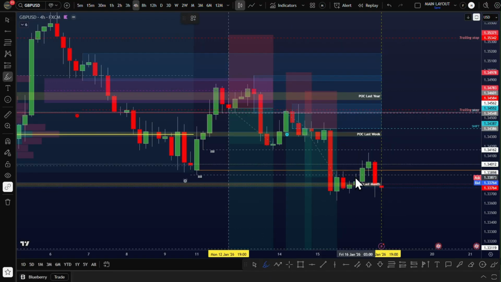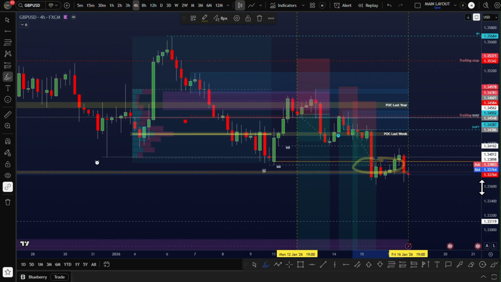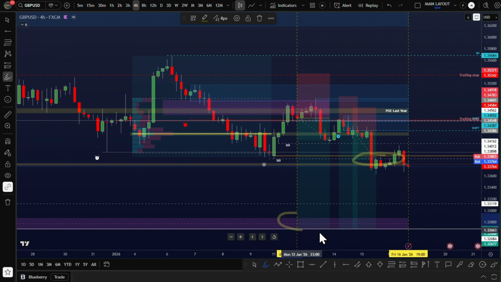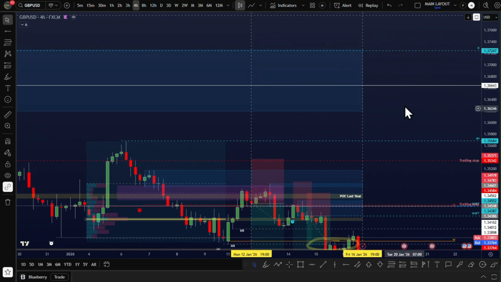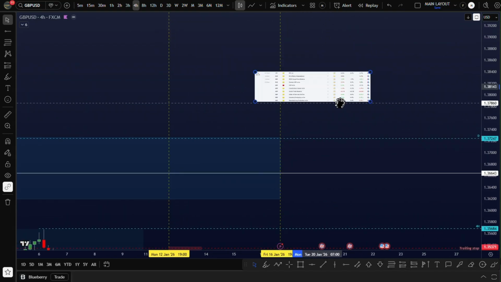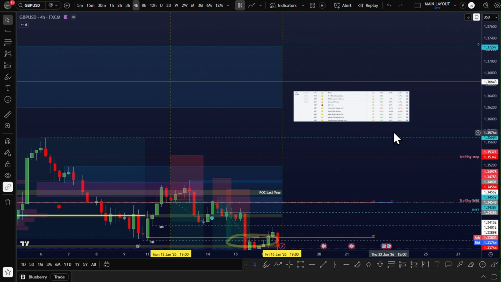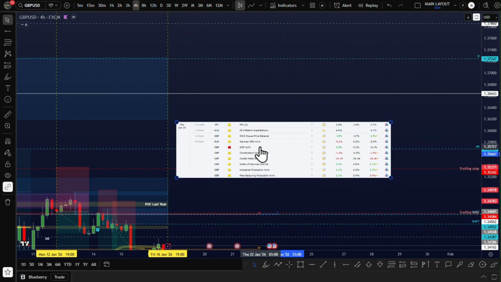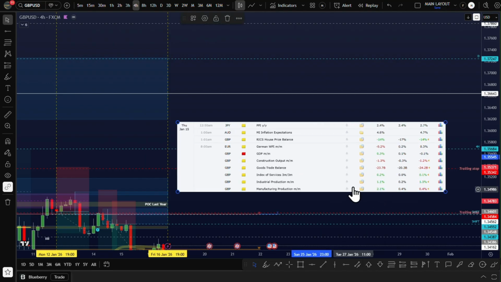I got out of the trades right here. I did not want to keep holding this trade because my initial target was around here, but I decided to close my trade here as soon as I saw the news on the pound, which was, I believe, the GDP, the gross domestic product, and a bunch of other news on GBP released on Thursday.